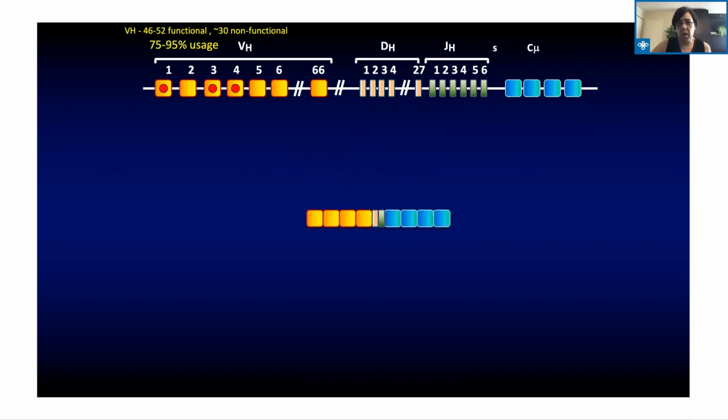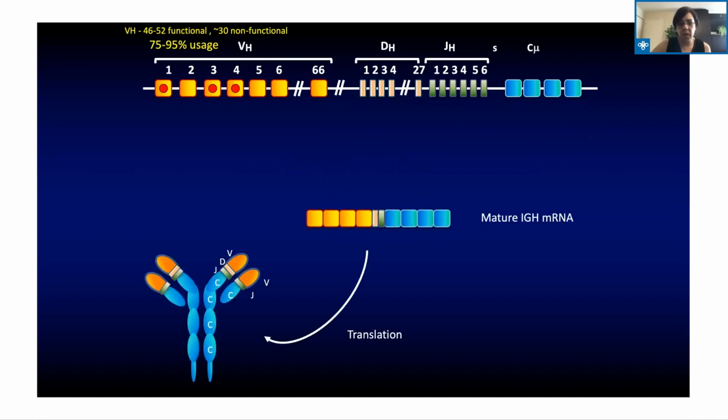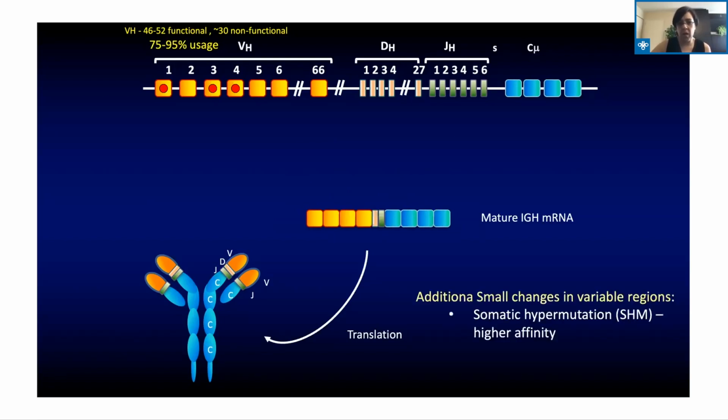These are later on transcribed into a molecule that will be expressed on the surface of the cell, and is absolutely unique to that cell. So any other cell that would have this specific type of rearrangement has to be coming from that specific cell as a clonal expansion. Additional small changes also happen in the variable regions, called somatic hypermutation, which makes these molecules even more unique.